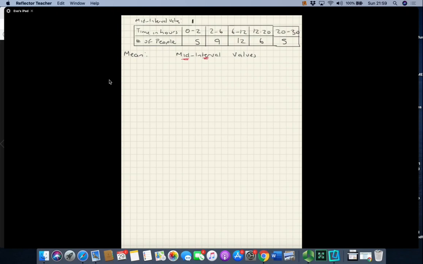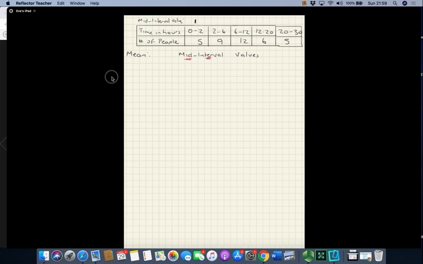What is halfway between 2 and 6? If you can't do it in your head, you can go 6 minus 2 is 4, divided by 2 gives me 2. What's halfway between 6 and 12? 12 minus 6 is 6, divided by 3. Halfway between 12 and 20, 20 minus 12 is 8. Oh, I forgot to do one little step for you.